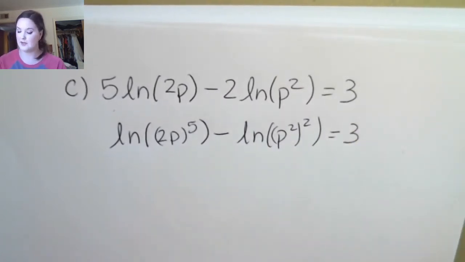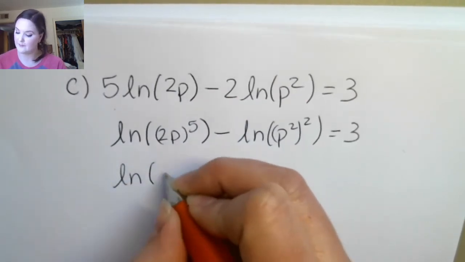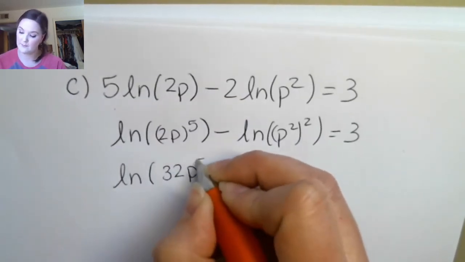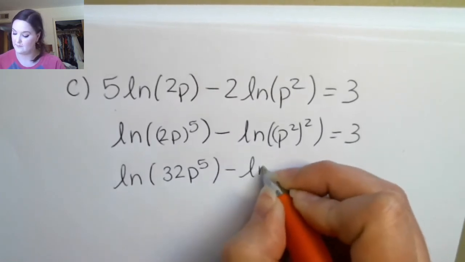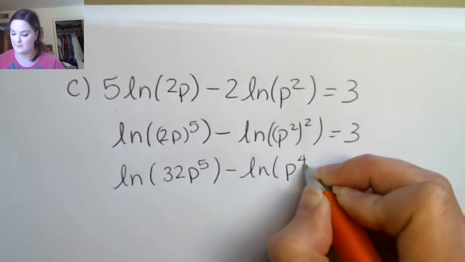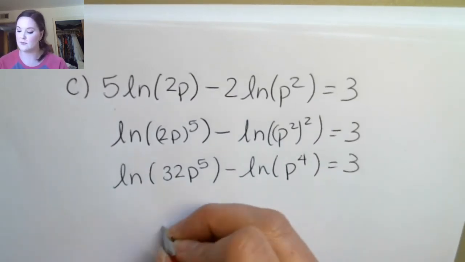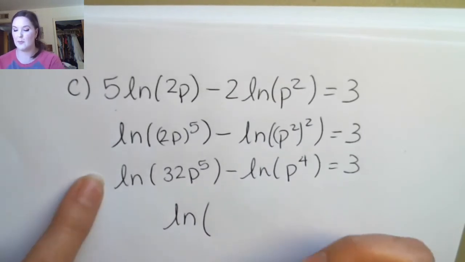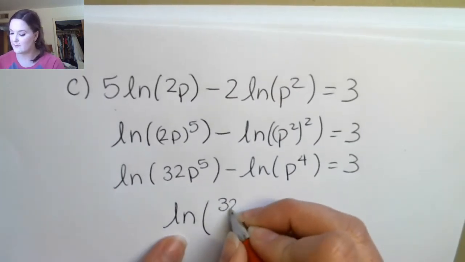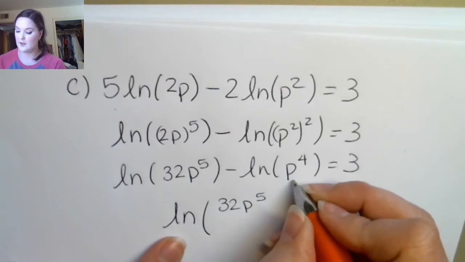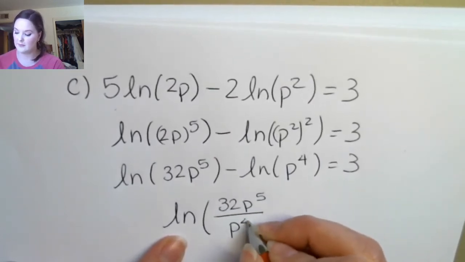Okay, and then I'm going to simplify. Okay, now I'm going to use my log properties to combine these two terms together. So the positive one goes into the numerator, the negative one goes into the denominator.